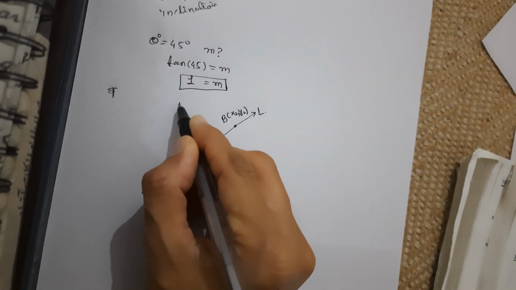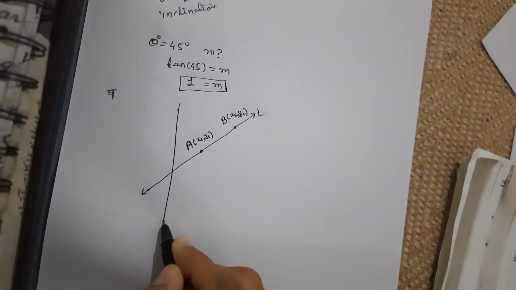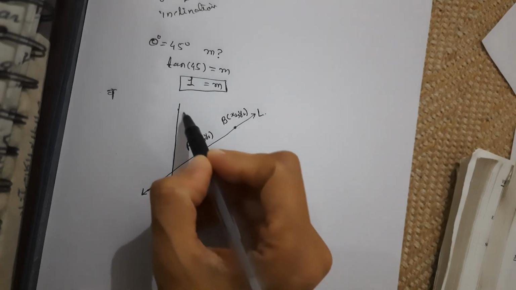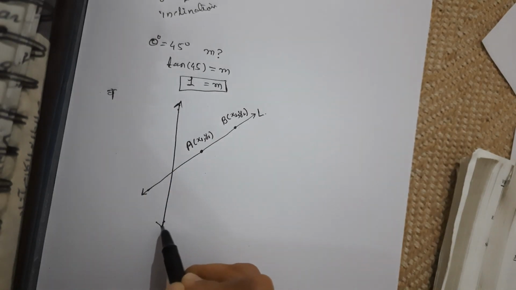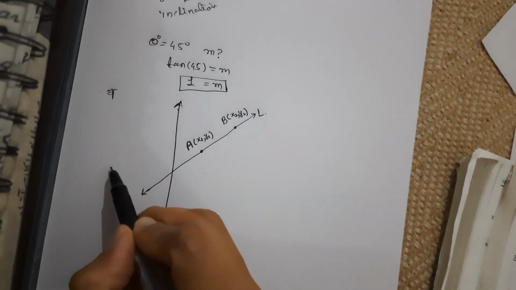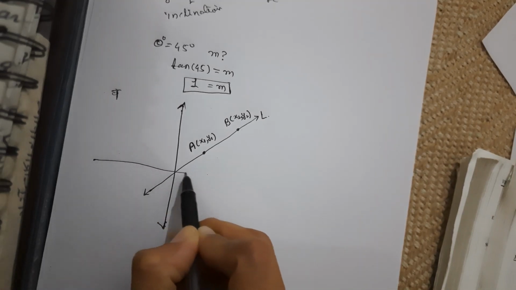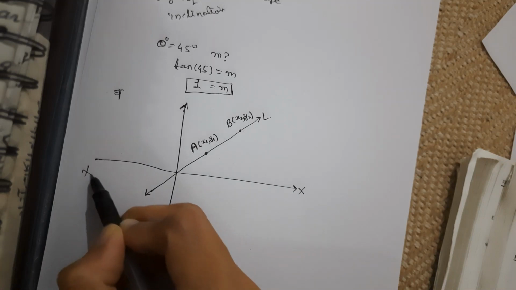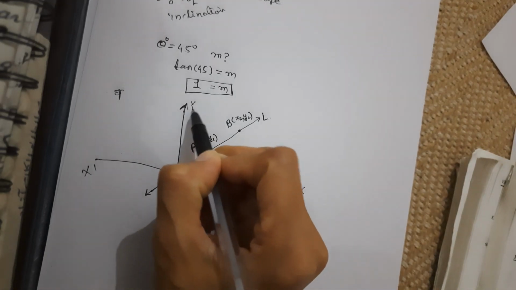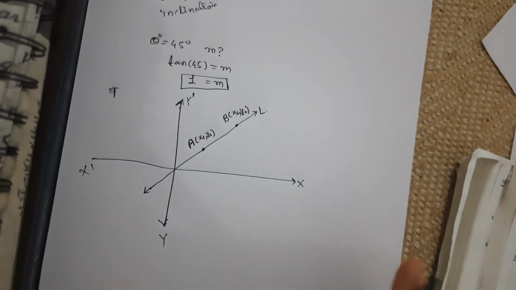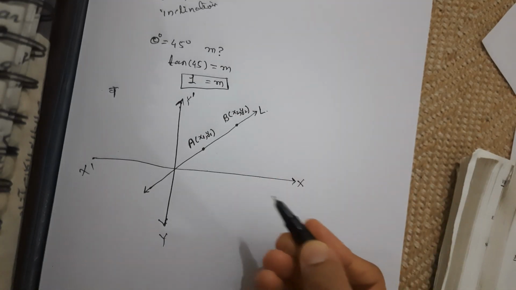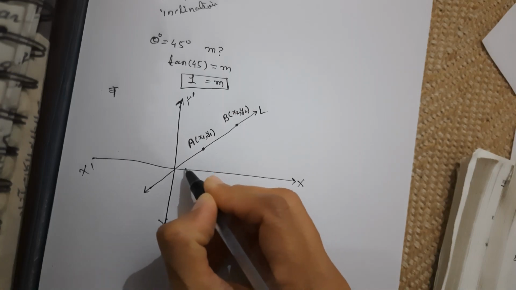Let me draw the axes here. This is the y-axis that I draw here, and this will be the x-axis, x dash, y dash. Now from the previous discussion we know where the angle of inclination is.